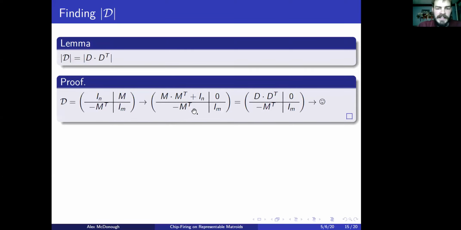And that's going to give us this. And then M times M transpose plus the identity is exactly going to be D times D transpose. It's pretty easy to check if you work it out. And then we have this lower triangular matrix, which means the determinant is just the determinant of D times D transpose multiplied by the determinant of the identity, which is always 1, which means it's going to be D times D transpose. So we have a little happy face.